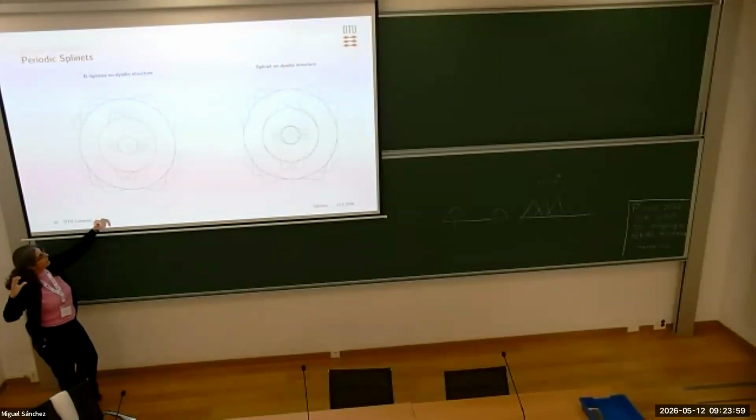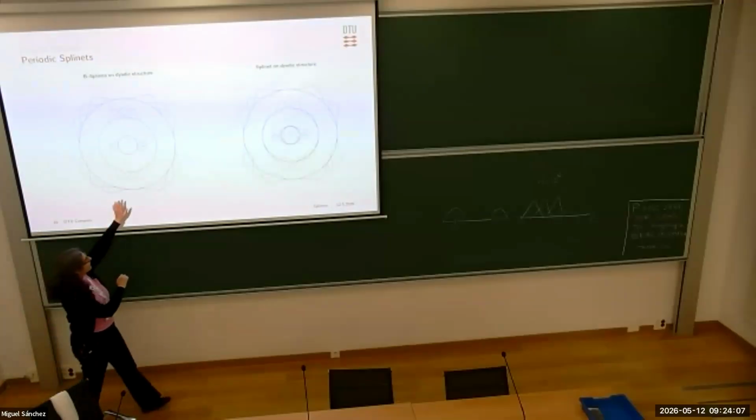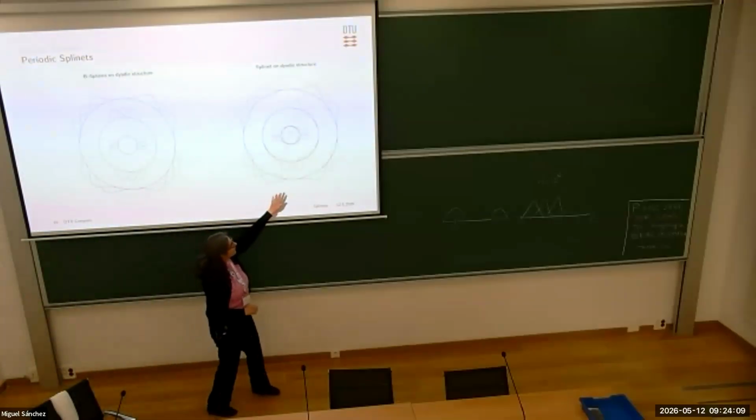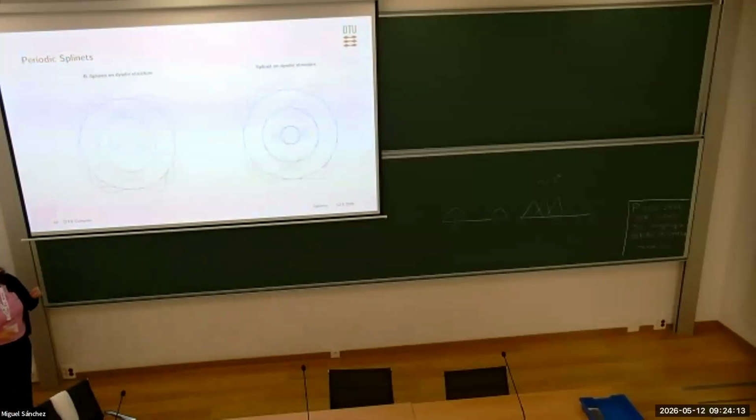So the very wide circle is the bottom level, and then we go up and up to higher levels. This is the B-splines, and this is the orthogonalized version of these B-splines. One thing we didn't like is that we are all the time cutting.